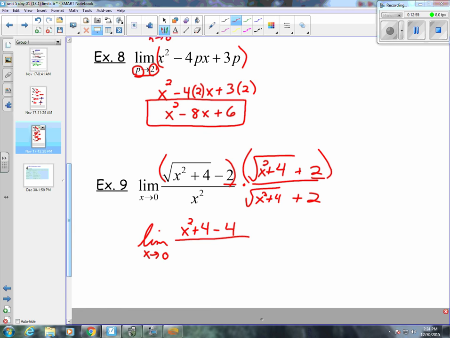In the denominator, let's leave it factored. In the numerator, the 4's cancel. And then we have x squared over x squared, which will cancel, and that'll become 1.